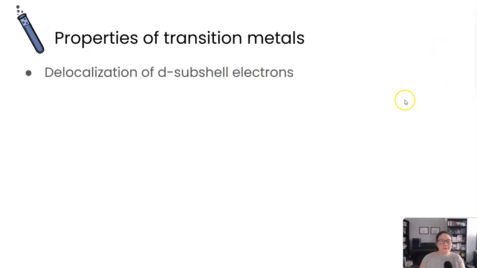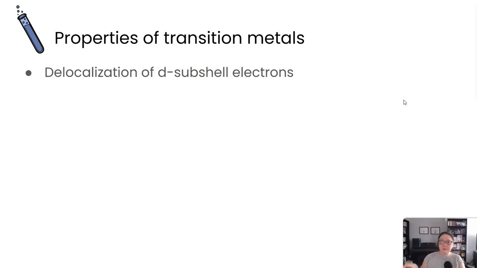Now, one of the big things when we're dealing with delocalized electrons in transition metals versus other metals is that those d subshell electrons actually count towards delocalization. So that means you have a bigger pool of electrons as opposed to something in the S block.